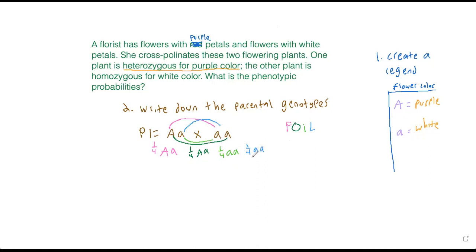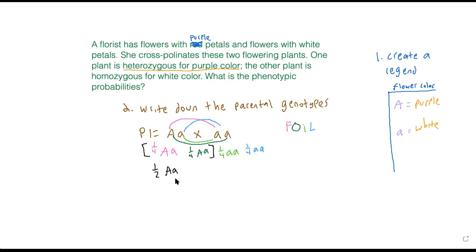So now we look and say, are any of our 4 outcomes the same? And actually, yeah, 2 of them are the same. So since these are the same, we have to combine the probabilities. 1/4 plus 1/4 is 1/2. Or if you want to deal in percentages, 25% plus 25% is 50%, but I tend to deal in fractions.